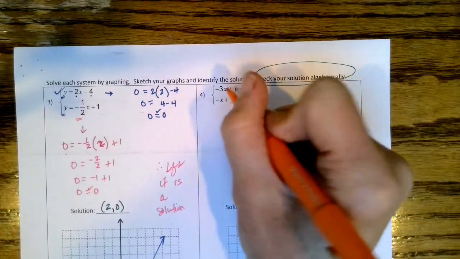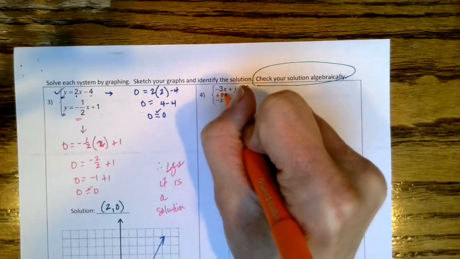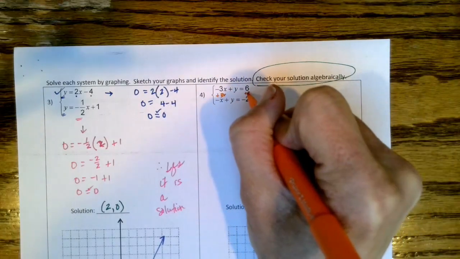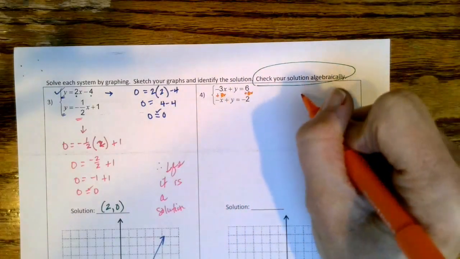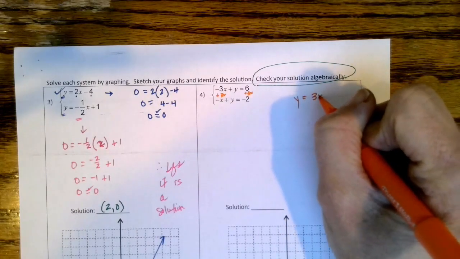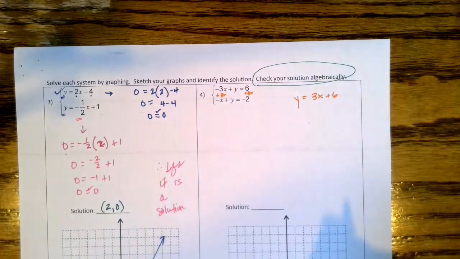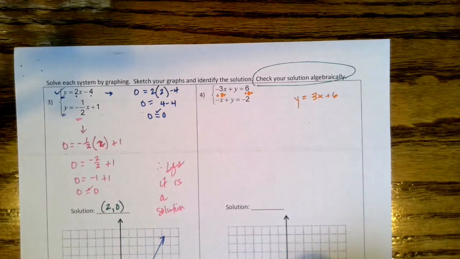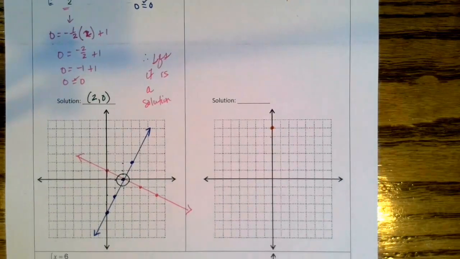All right, I need to solve for y, so I'm going to add 3x to each side. And I'm going to get y is equal to 3x plus 6. So if I start off at 6, my slope is 3.